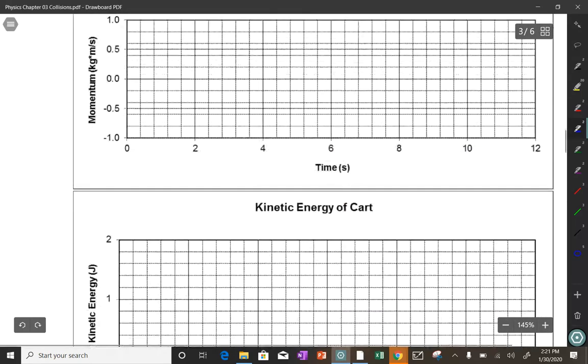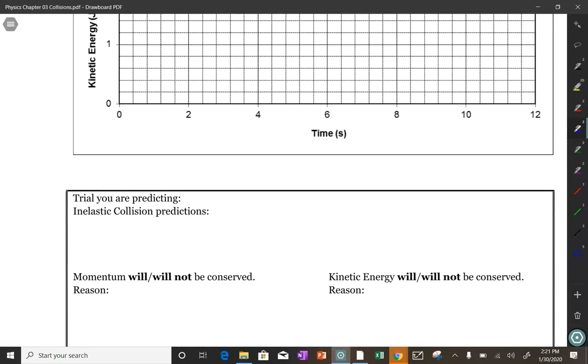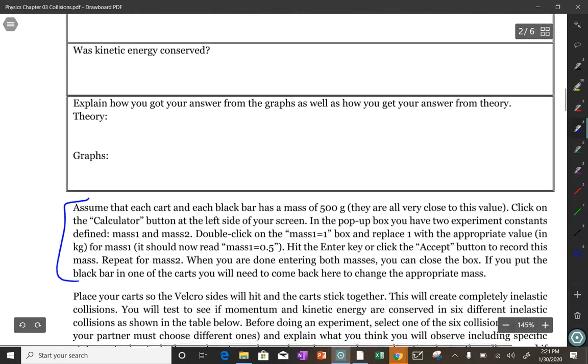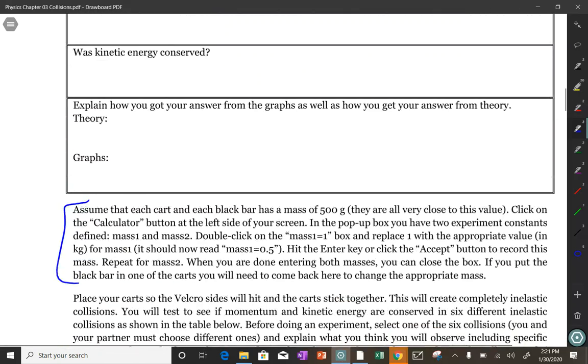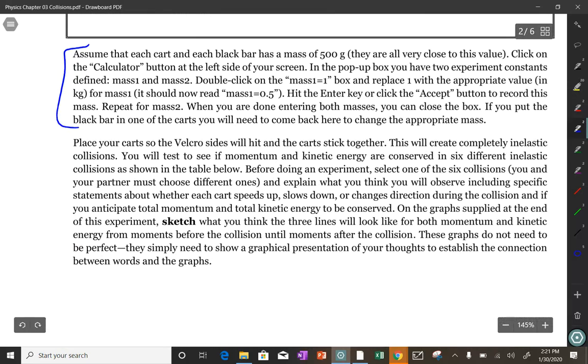This was supposed to be inelastic. Yes, I forgot that. I should read through these. So these were supposed to be inelastic. They're supposed to stick together, but Nathan and I pushed them too hard. So if they bounce like that, failure, do it again.